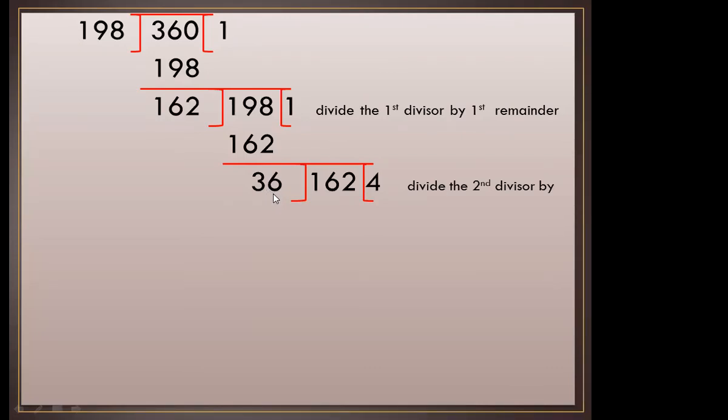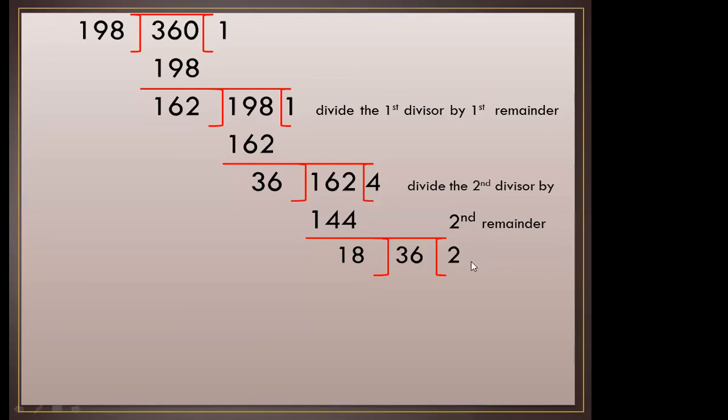Then you will divide 162 by 36. So 36 multiplied by 4 will become 144. After subtracting, you will get the remainder here, 18. Then you will divide 36 by 18.